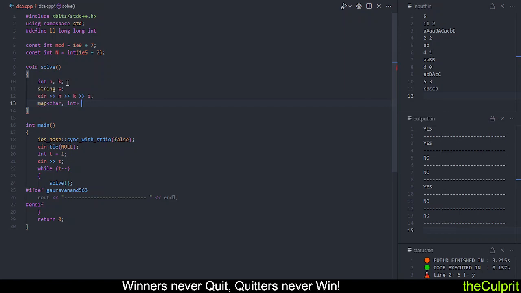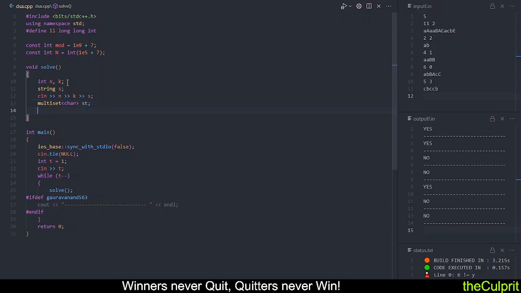Why would I be maintaining a map? A set should suffice, I guess. A multiset, great, because the values can be repeated and stored, two A's.